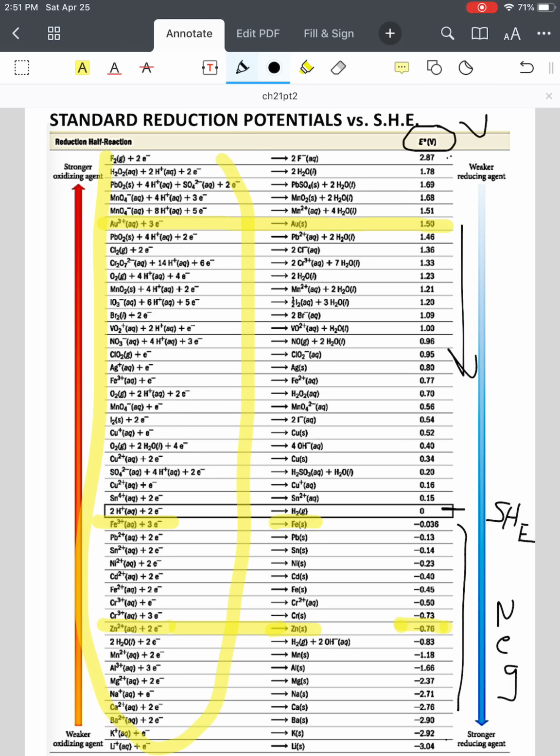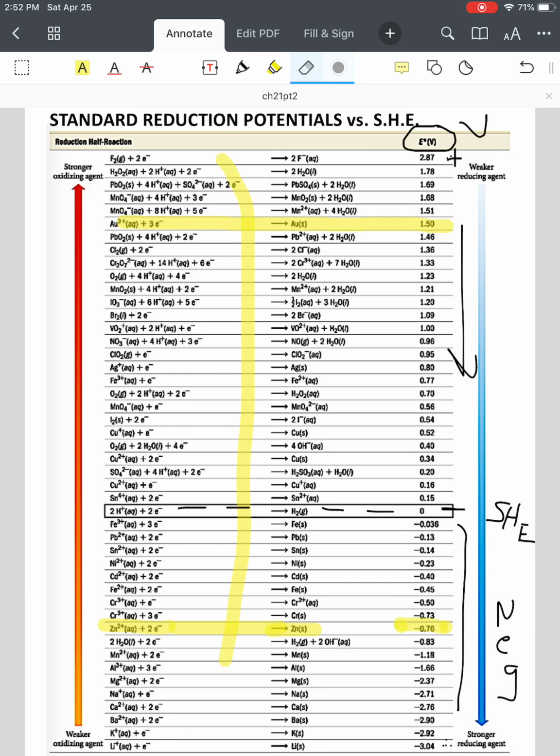Increasing in magnitude all the way down to negative over 3 volts for the lithium plus an electron to get lithium solid, okay? So very strong positive values to very low negative values, okay? They're in order from high to low, with hydrogen being right here in the middle. This is our reduction of hydrogen, our SHE reaction, okay? So this is our table of standard reduction potentials.